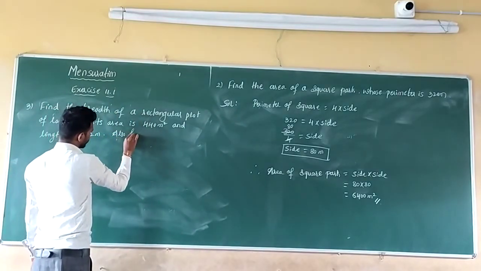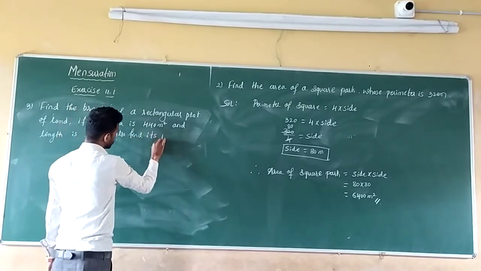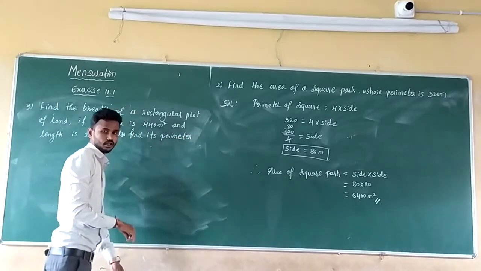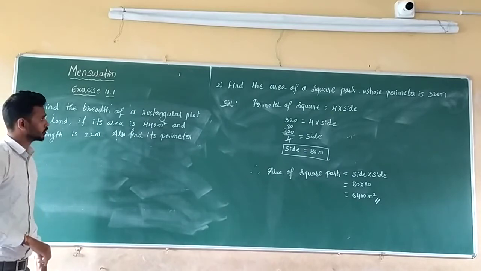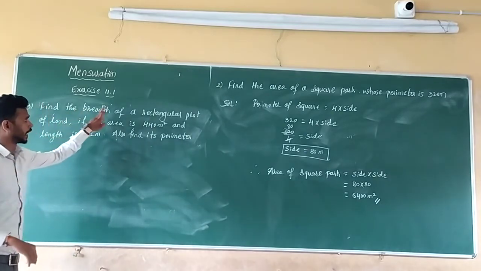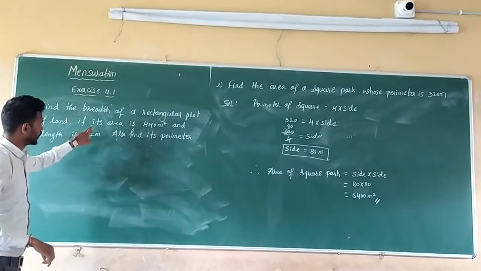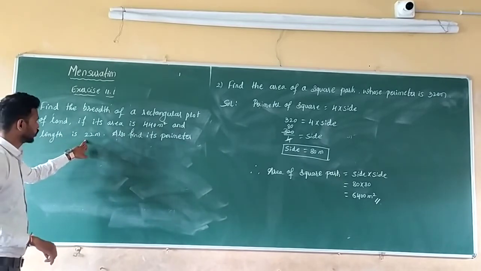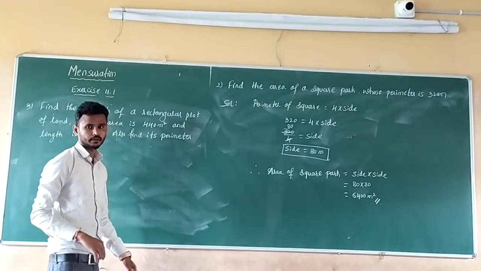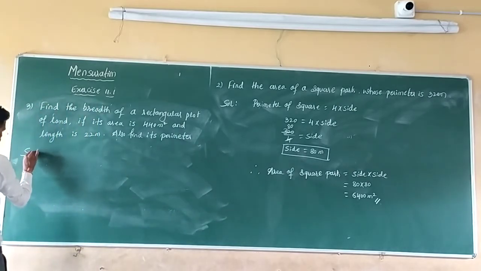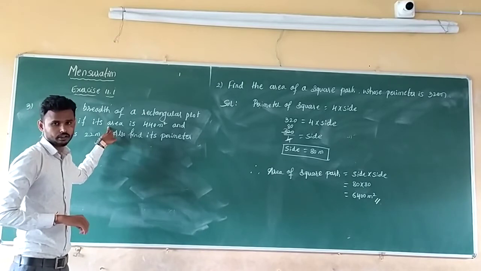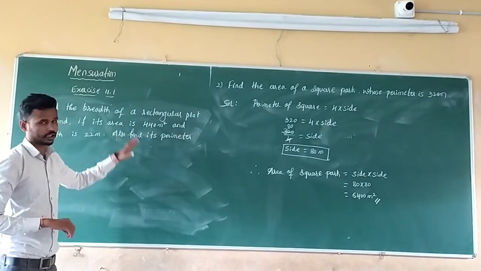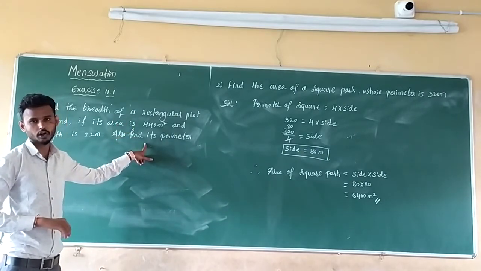Also find its perimeter. So here we need to find the breadth of a rectangular plot if its area is 440 meters square and length is 22 meter, and also find its perimeter. So now they have given the area of a rectangular plot, then use the area of a rectangle formula, you will get the breadth, and then find the perimeter of the rectangular plot.